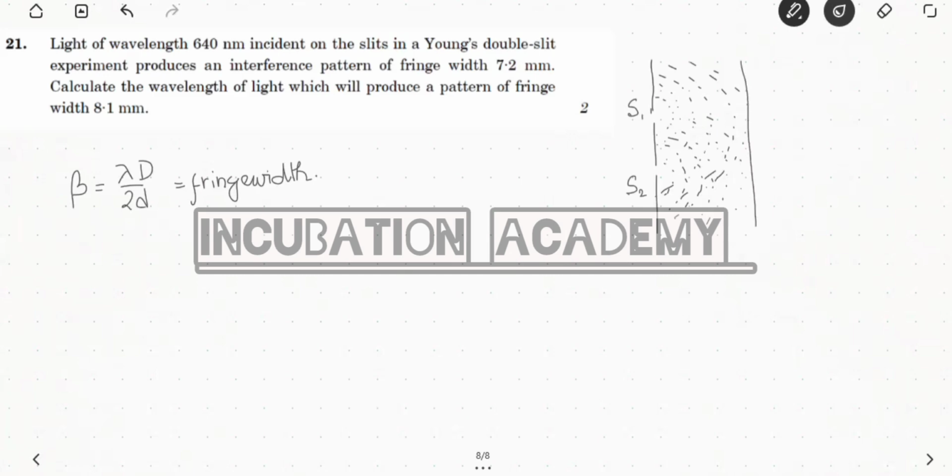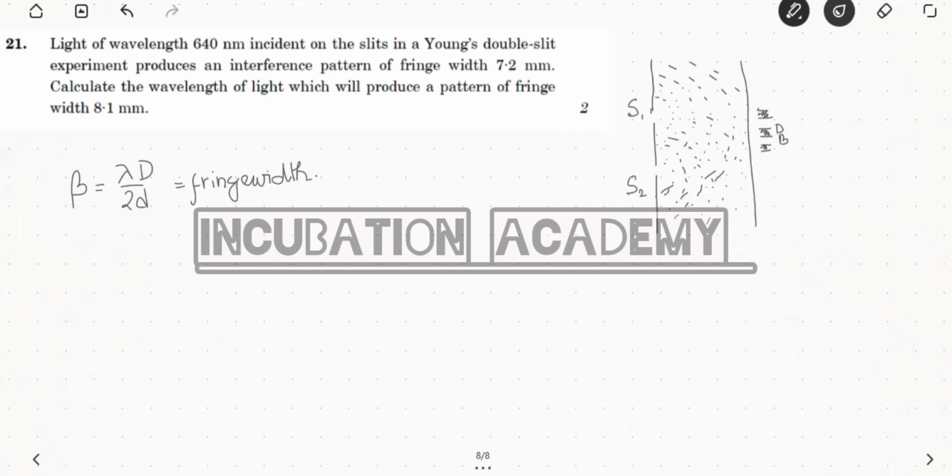That means the separation between two bright fringes and the separation between two dark fringes is basically referred to as the fringe width, and the expression for it is lambda D divided by 2d. I am repeating again, this capital D is the separation between the coherent sources and the screen, and it is of the order of several meters.